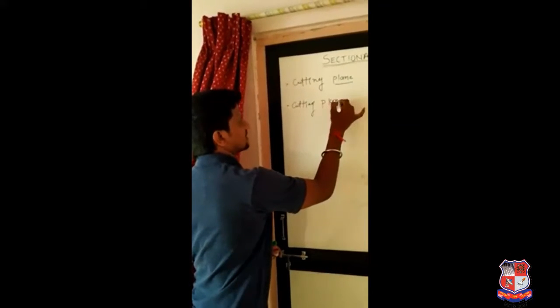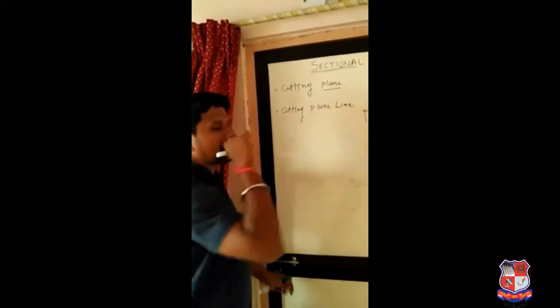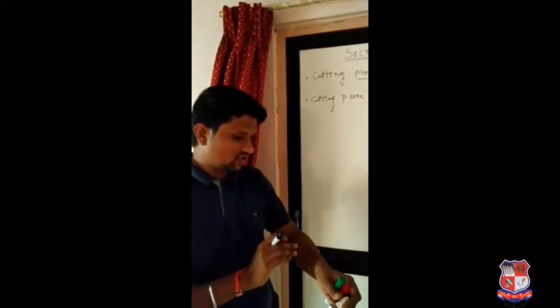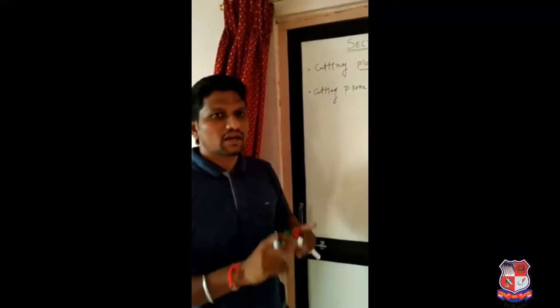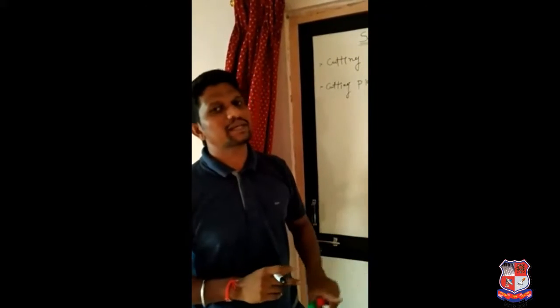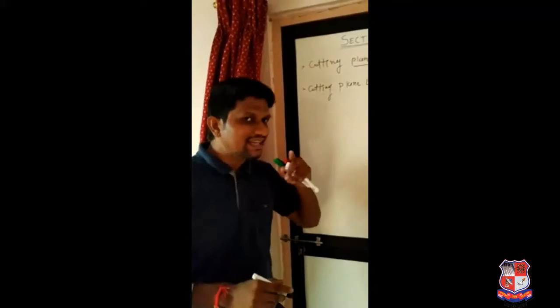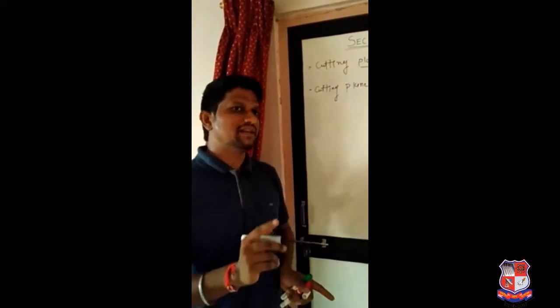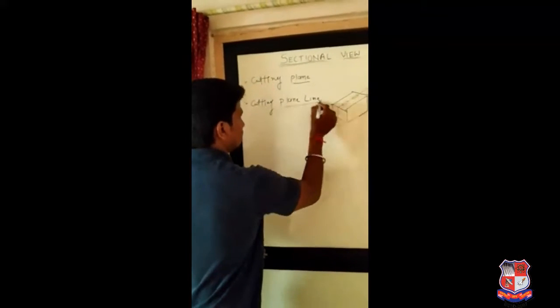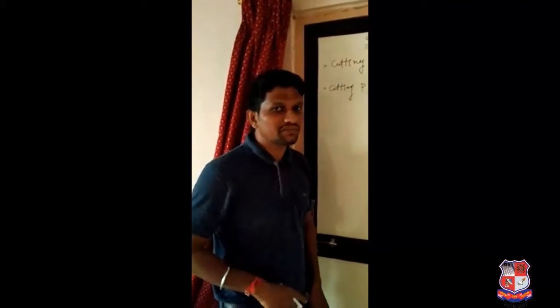Next is cutting plane line. In a theory examination, in a drawing, only a line will be mentioned. The cutting plane line will be given to you, not the cutting plane. How do we define the cutting plane line?